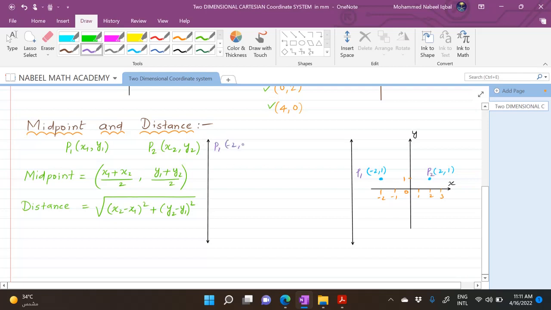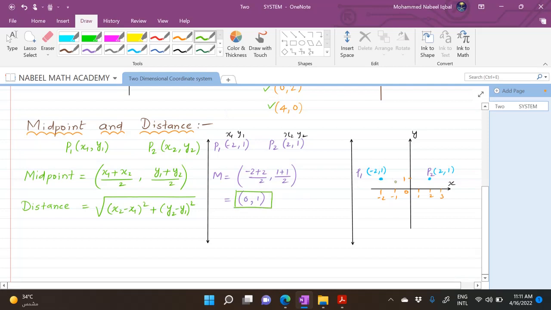P1 is (-2, 1) and P2 is (2, 1). So these are (x1, y1) and (x2, y2). Now the midpoint is given by (x1 plus x2) over 2, that is (-2 plus 2) over 2, and (1 plus 1) over 2. Which implies 0 comma 2 over 2, which is 1. So my midpoint is (0, 1).